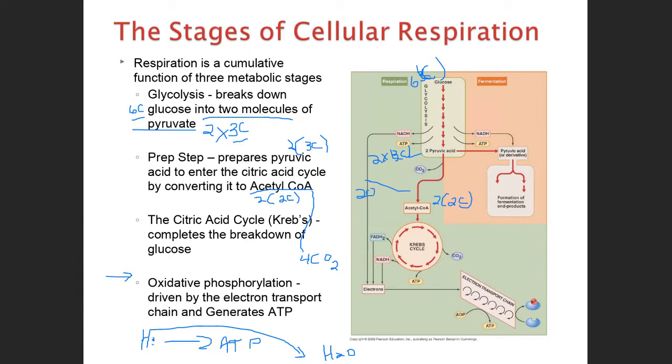Then the citric acid cycle converts this acetyl CoA to 4 CO2. And now what was once glucose doesn't exist. Notice that you have these NADHs, and they're going from every place they're made to the place in a cell where the electron transport system is located. In bacteria, that's the plasma membrane, but in eukaryotes, it's the mitochondria.